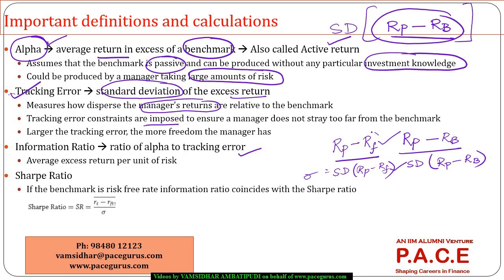So if the benchmark is being set as the risk-free rate of return, this formula actually becomes the Sharpe ratio formula. So the information ratio will be more or less similar to that of a Sharpe ratio when the benchmark is the risk-free rate of return itself. So that's the kind of understanding that is expected.